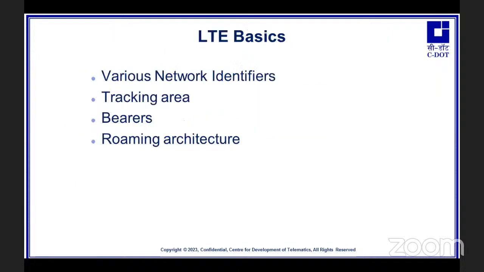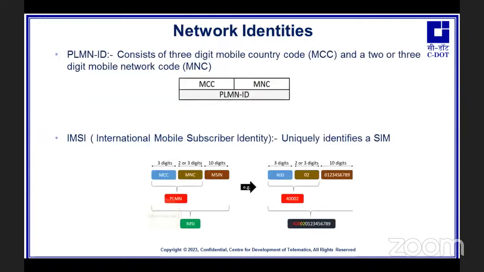Now I will explain some of the basic terminology of LTE. Next. What is PLMN ID? We have already told you multiple times. Many of you know, but the PLMN ID basically consists of MCC and MNC. MCC is the Mobile Country Code.